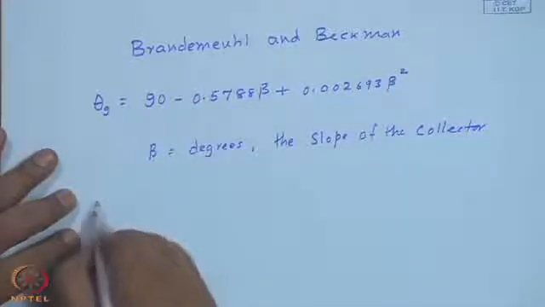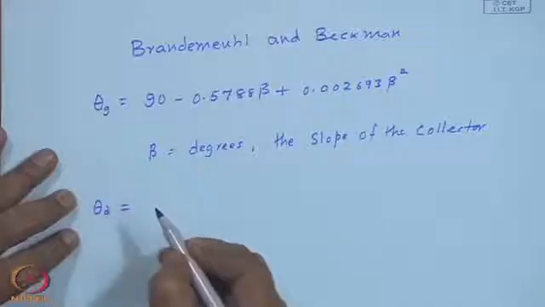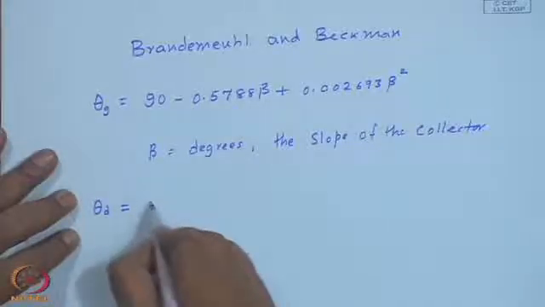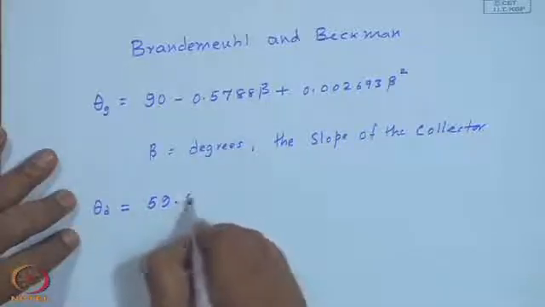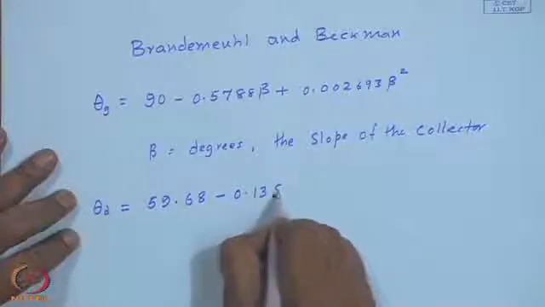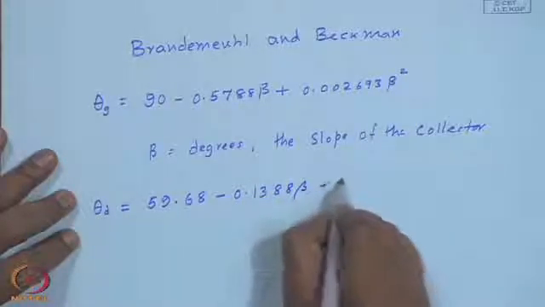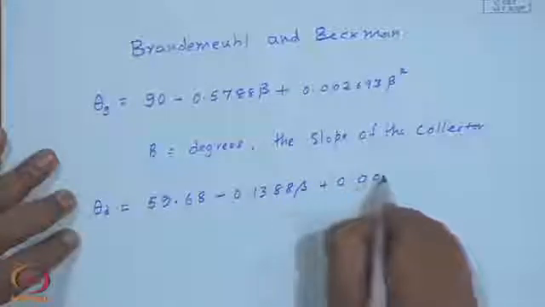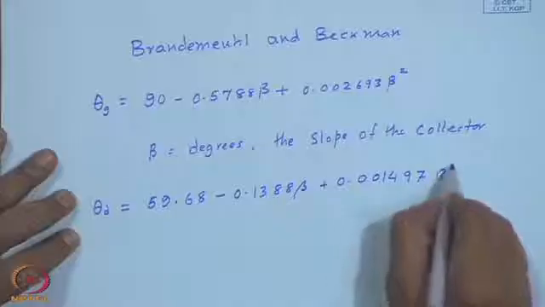Similarly, the effective angle of incidence for ground reflected diffuse radiation is given by 59.68 minus 0.1388 beta plus 0.001497 beta square.